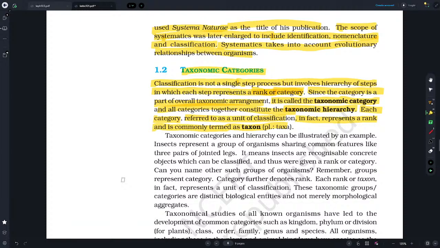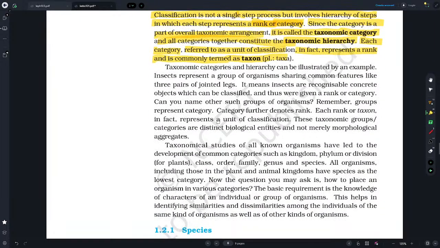Each category, referred to as a unit of classification, represents a rank, and this rank is termed as taxon. Taxa is plural, whereas taxon is singular, both meaning category.